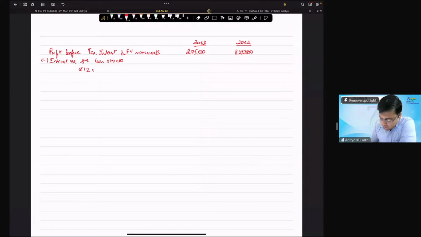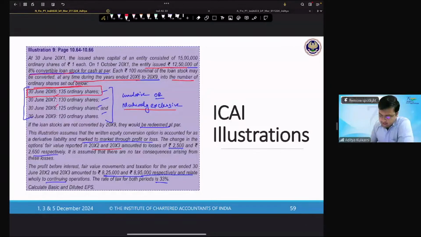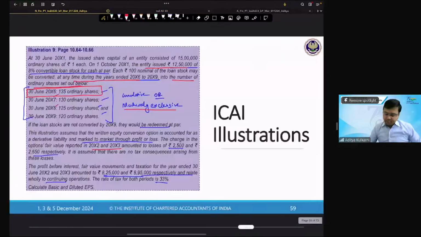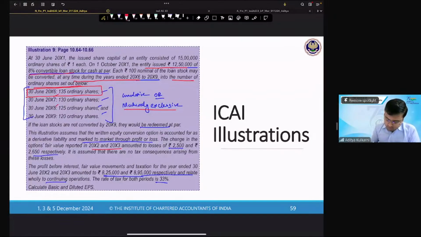Rupees 12,50,000 into how many years, how many months will it be? 3 months, or 9 months. What is the year ending? It is not March, it is June.